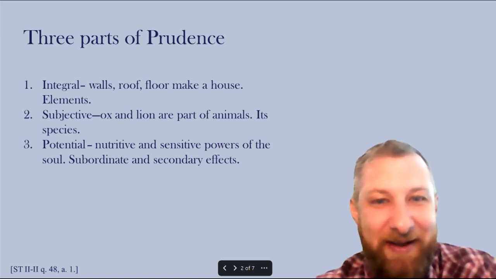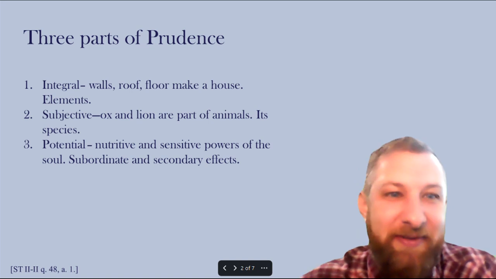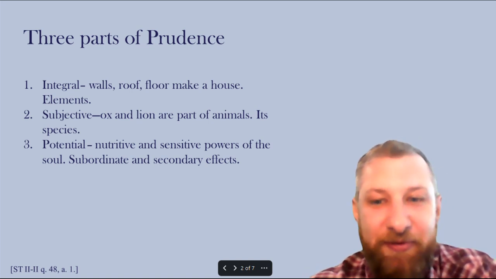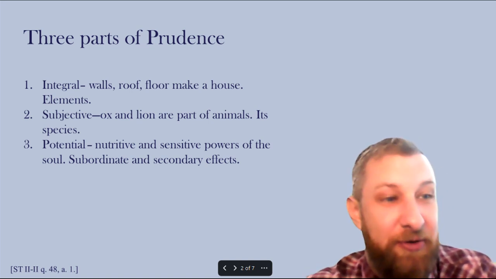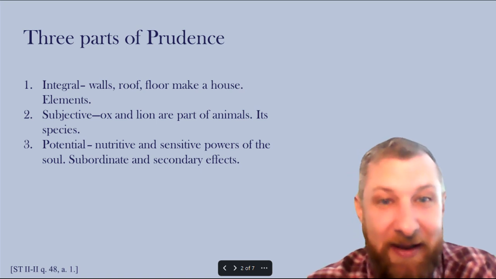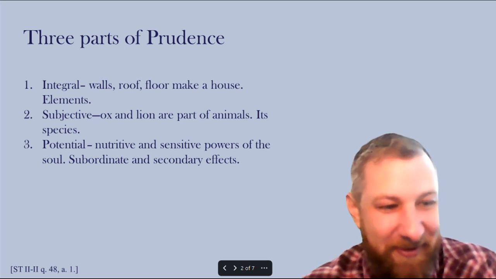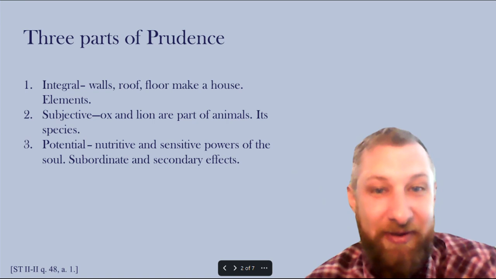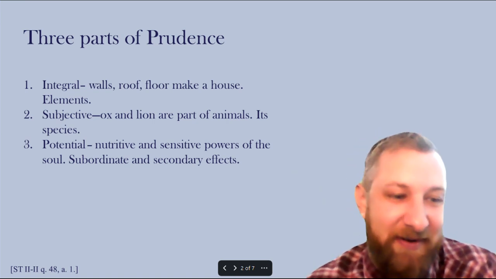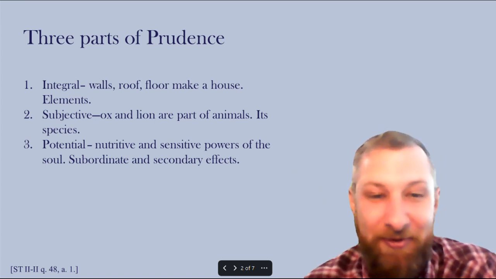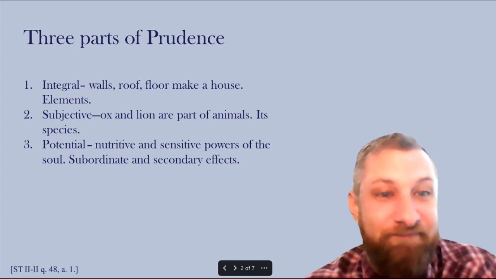The house is built upon these integral parts. So prudence also has integral parts. If you don't have these parts, then you can't have prudence. Prudence is an empty word, just like house is an empty word if it doesn't have walls and roofs and floors.